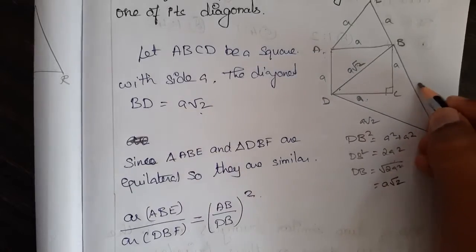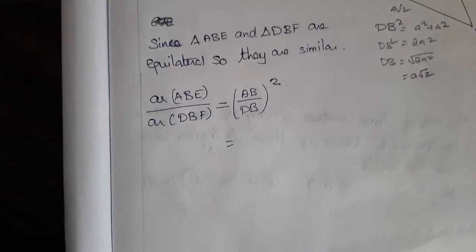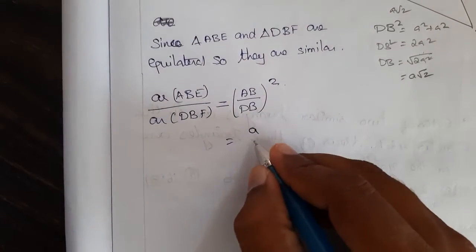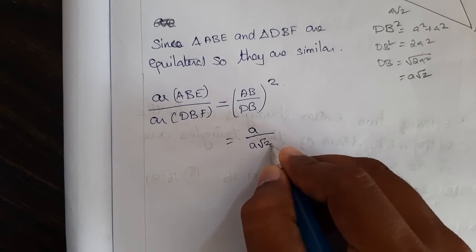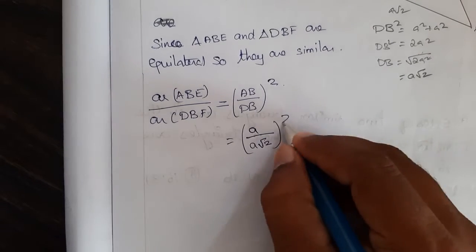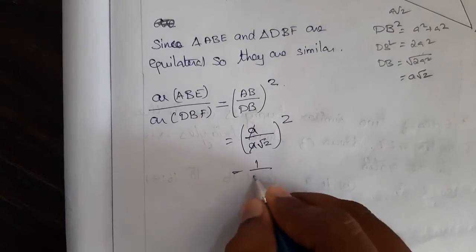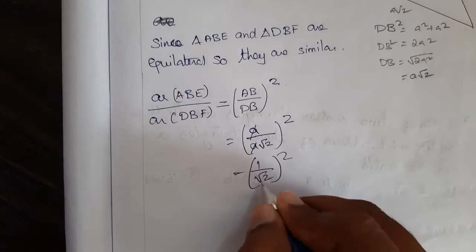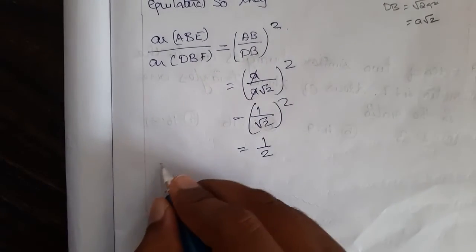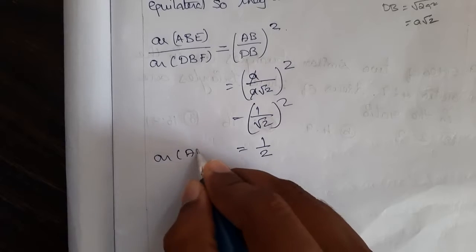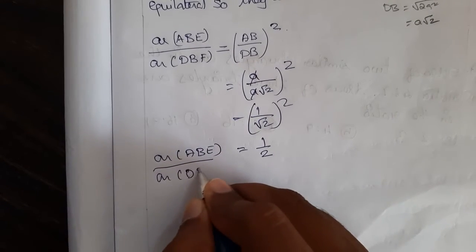So AB is A, and DB is A square root of 2, the whole square. The A cancels, and the rest is 1 by square root of 2 the whole square. The square root of 2 squared is 2, so we get 1 by 2.